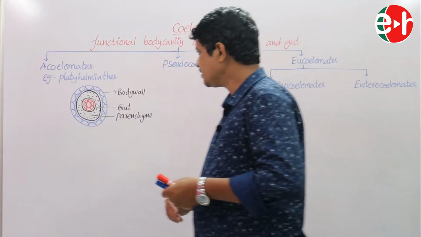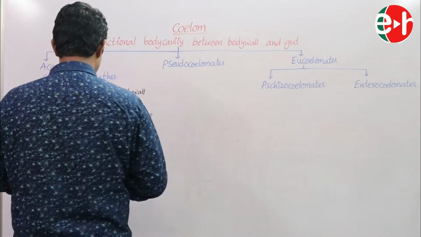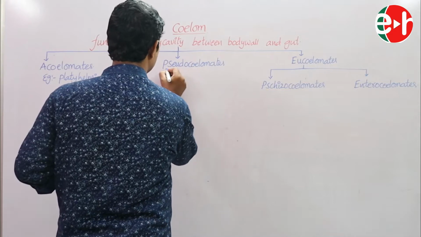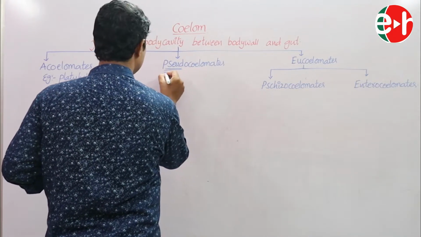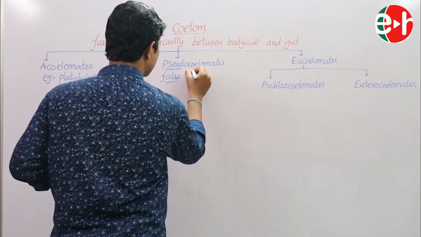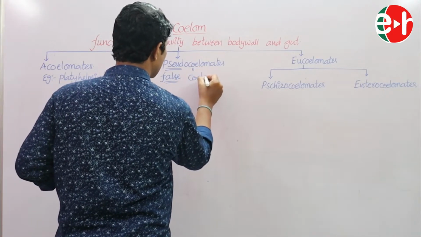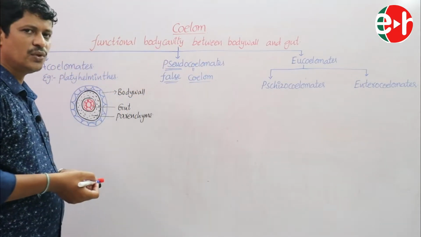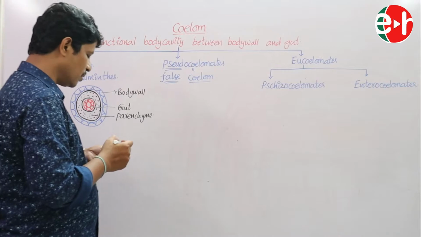Now we are going to discuss pseudocoelomate animals. Pseudo means false, and coelomates means coelom. False coelomates are called pseudocoelomates. What is a false coelom?